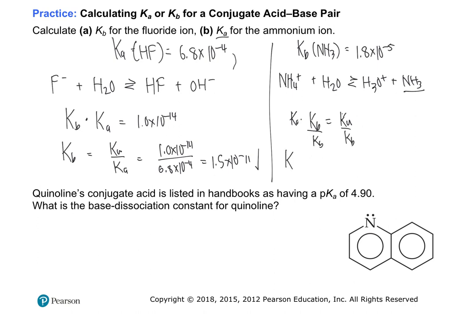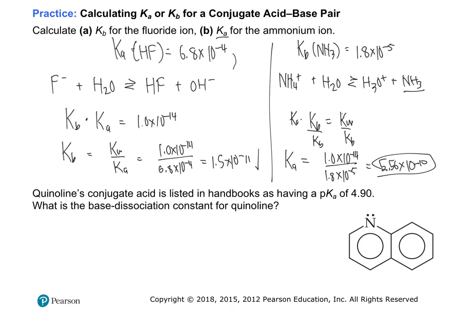So Ka of ammonium equals Kw, 1 times 10 to the negative 14, divided by the Kb of ammonia, 1.8 times 10 to the negative 5. So I get this value to be 5.56 times 10 to the negative 10. That's the Ka for ammonium, NH4 plus.